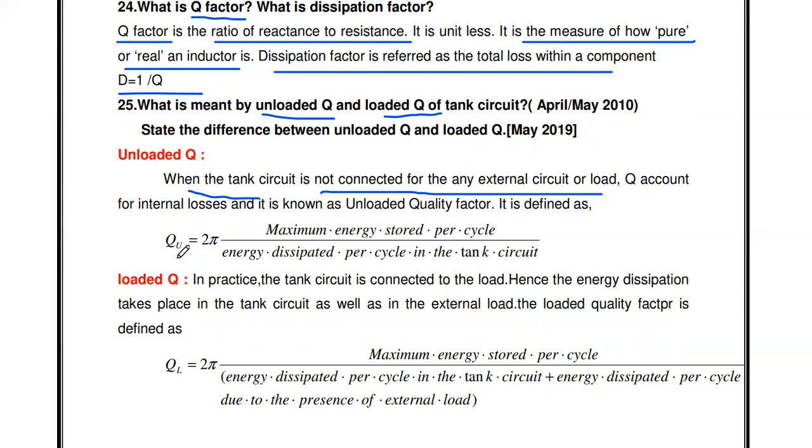So it's QU, QU means unloaded. It is 2 pi into maximum energy stored per cycle divided by energy dissipated per cycle in the tank circuit. This is the unloaded quality factor.